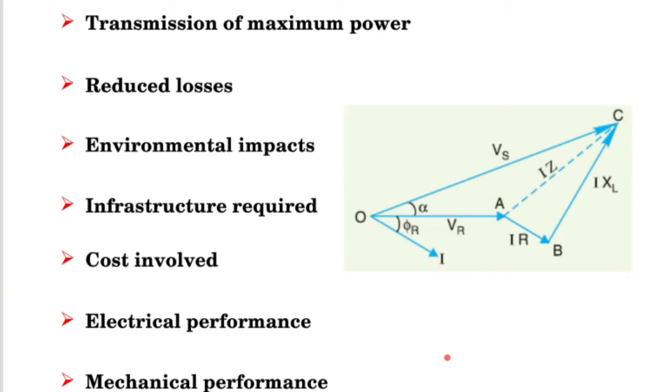And reliability is the other aspect. Reliability means the consumer must get electricity as and when they need it, meaning the amount and the time. So you have to ensure that we supply electrical power to transmission lines in a continuous and reliable manner.